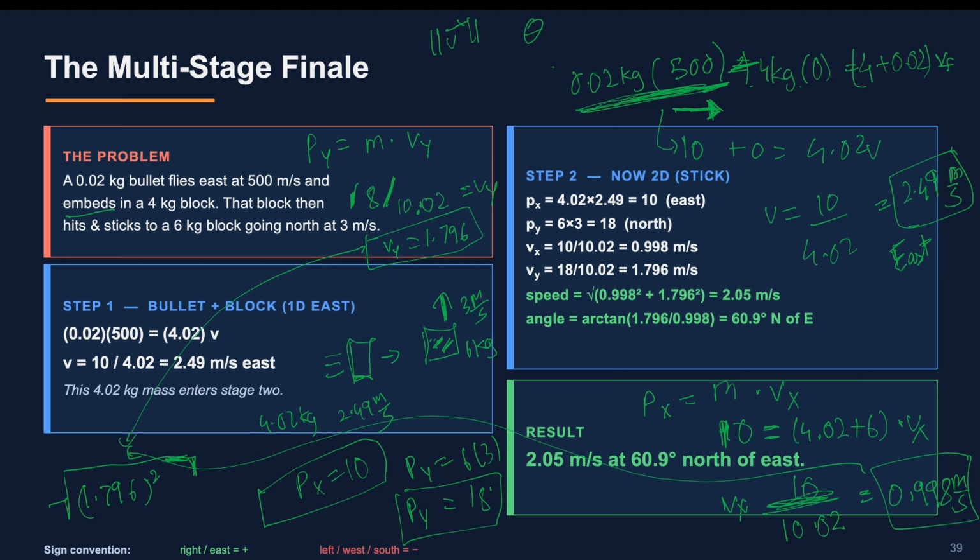We're going to square these both, plus 0.998 squared. Okay, so what's this going to give us? This is going to give us roughly around 2.05 meters per second. And if you do arctan of the velocity y over the velocity x, you'll get 60.9 degrees. So like about this much, okay?